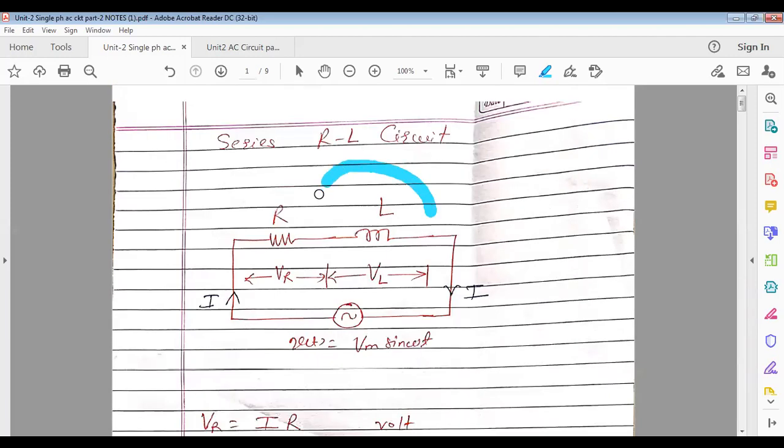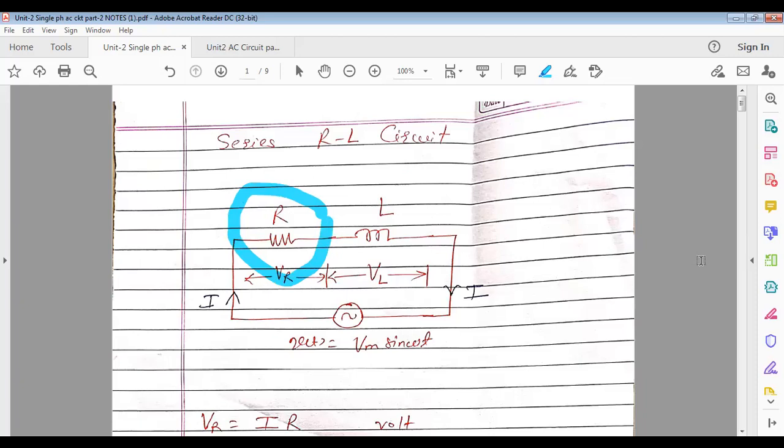Why? Due to the inductor. For an inductor, current always lags, and as resistance is there, total current will not lag total voltage by 90 degree. That angle will be somewhere in between 0 and 90 degree. The phase difference between total voltage and total current is not 0 degree, because it's not a purely resistive circuit.